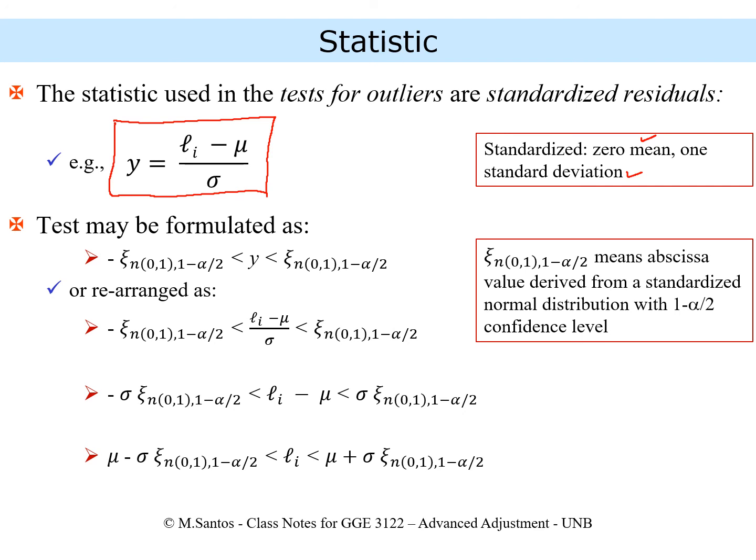Now, what happens then? And of course, we're going to have variations of this statistic for the situations when the population mean is unknown and the population standard deviation is unknown. So this is what we would be using, okay? So we'll be testing if the statistic y lies between these values, minus psi and plus psi.